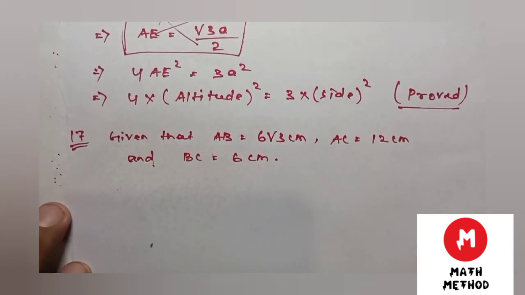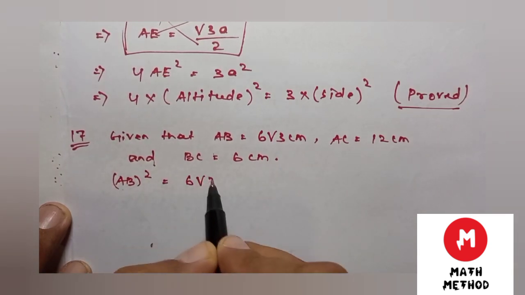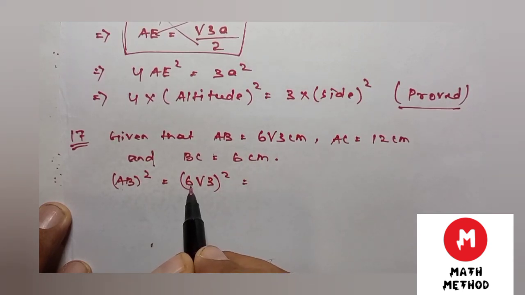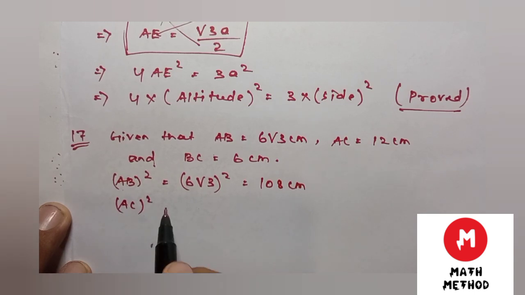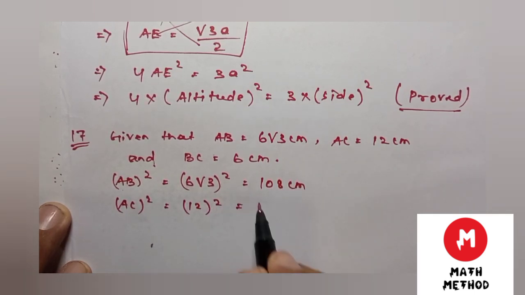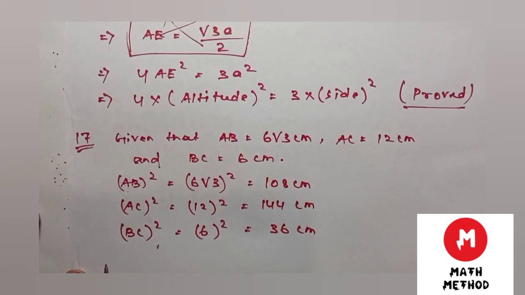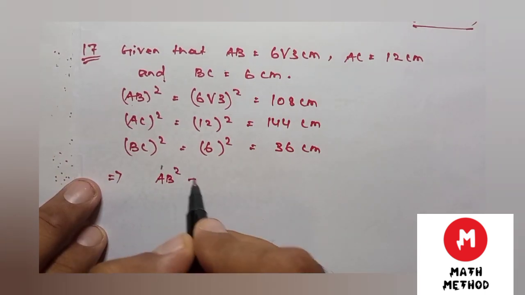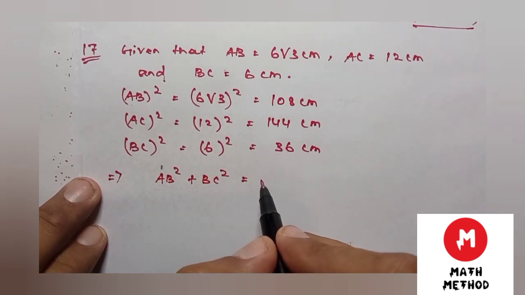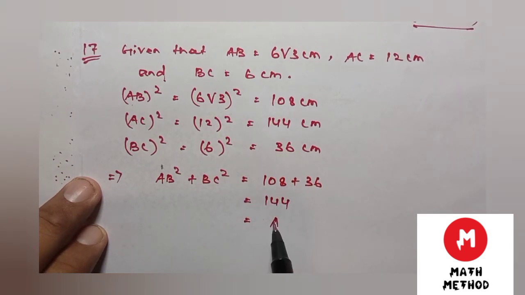Clear? So by applying the Pythagoras theorem, we have AB square is equal to 6 root 3 whole square, which is equal to 6 into 6 is 36, 36 into 3 is 108 cm square, and AC square is equal to 12 whole square, which becomes 144 cm square. Similarly BC square is equal to 6 whole square, which is 36 cm square. Here we got AB square plus BC square is equal to 108 plus 36, which is equal to 144, which is equal to AC square.